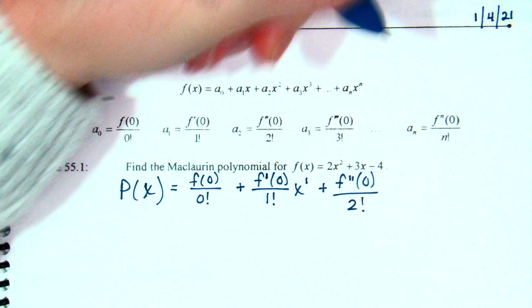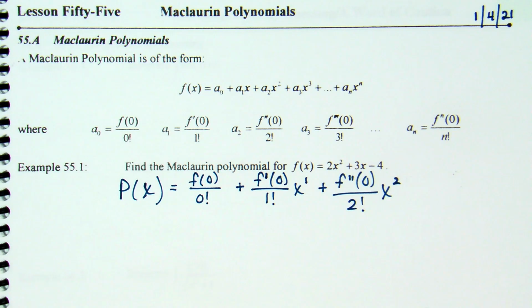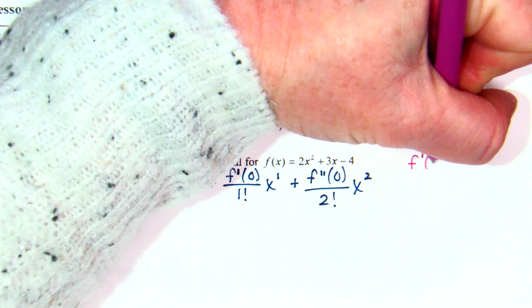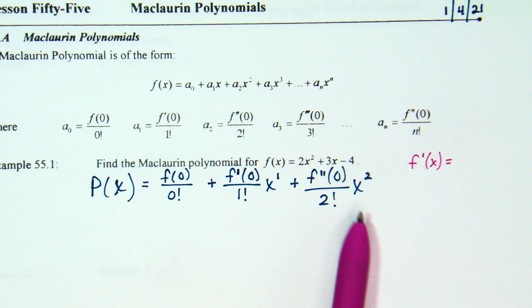Now, if you're told a certain number of degrees, that's how far you go. In this case, we need to stop and look for a moment. In order for this to work, we have to be able to find derivatives. Well, we already have f of x over here. The highest power is x squared, so we're not going to be able to go past the second derivative here.